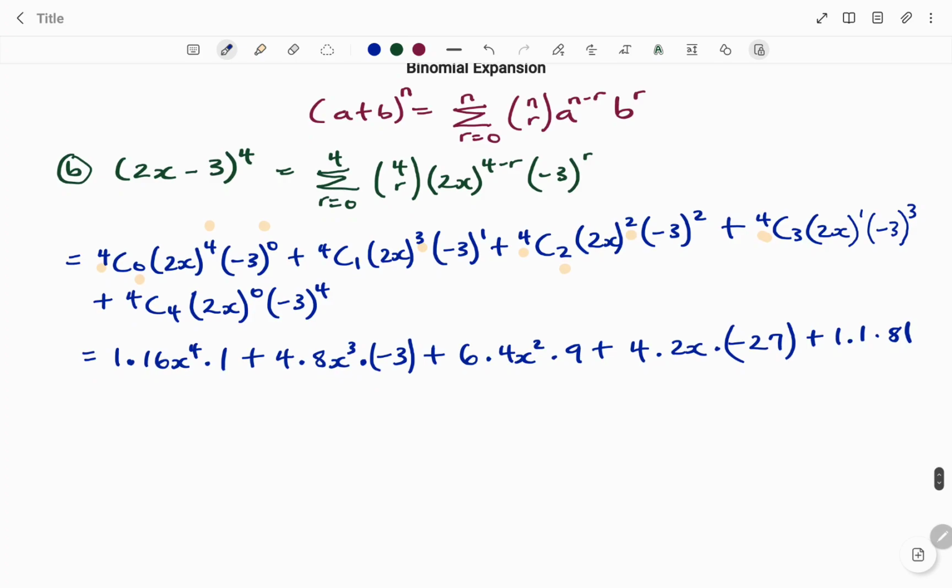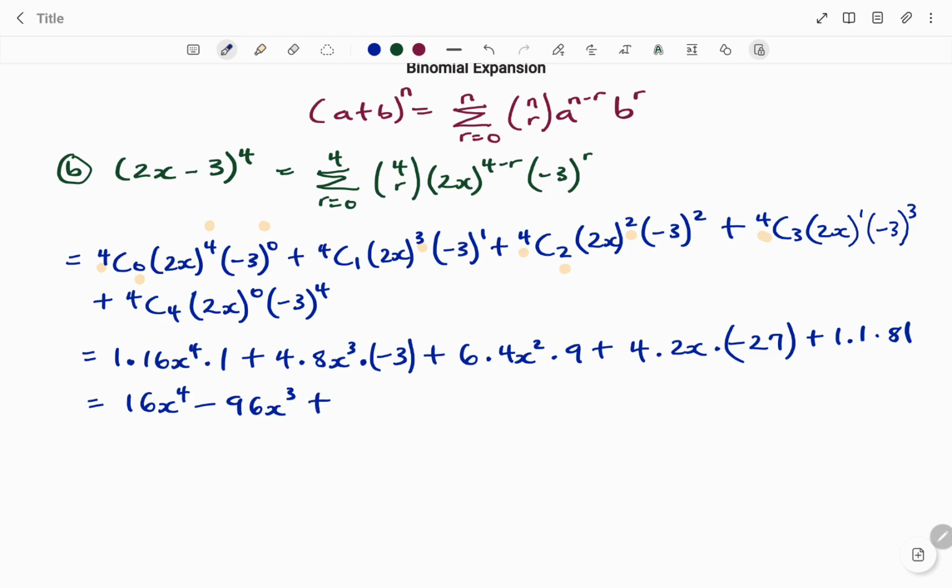So therefore, my last line, which is my final simplification, 1 times 16x to the power of 4 times 1, that's 16x to the power of 4, plus 4 times negative 3 will give me negative 12. So I'm going to change my plus to negative. And negative 12 times 8 will give me 96 x to the power of 3.